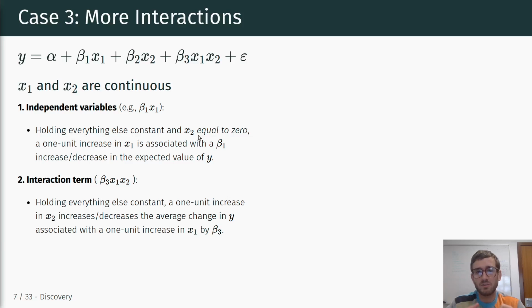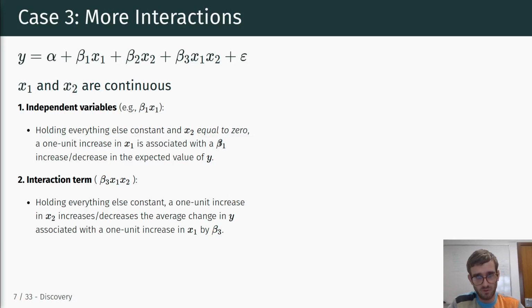So if your x2 is something like GDP per capita, which in your actual sample is never equal to 0 unless you mean center it, then this beta 1 parameter doesn't really have a sensible substantive interpretation, because it's basically an extrapolation of the effect beyond the range of values for x2 that you actually observe, okay?